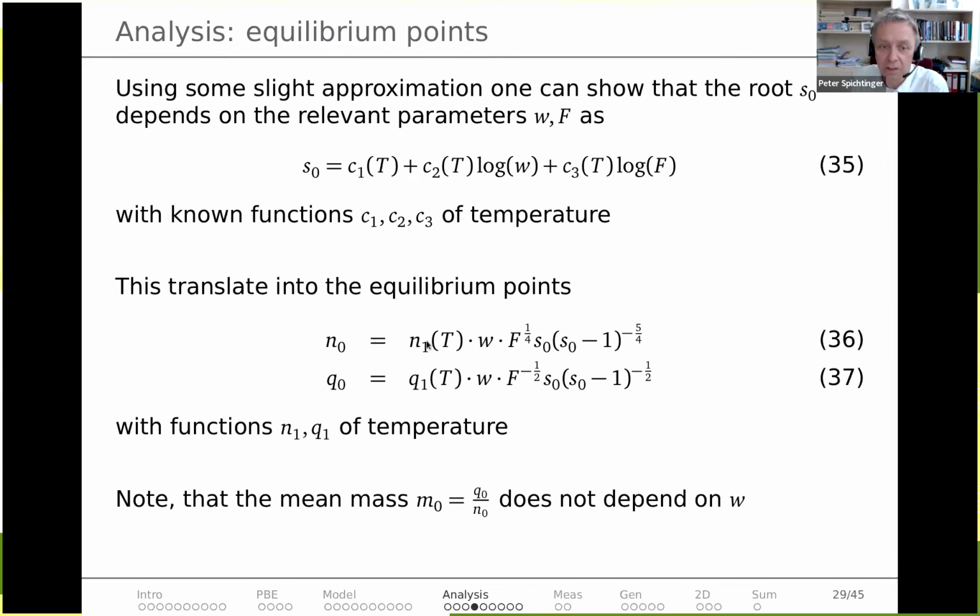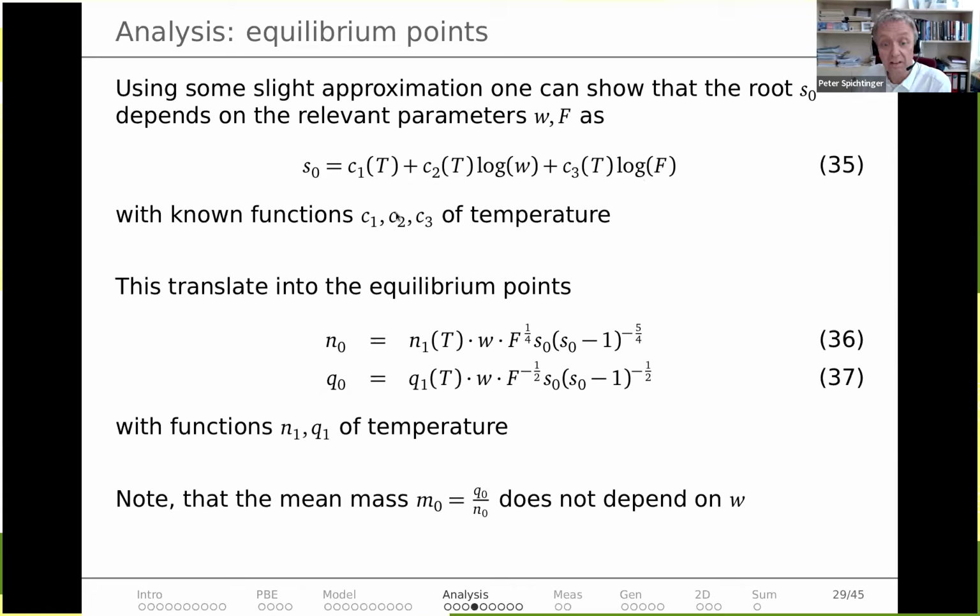I can also calculate this. So actually what we can see is that the saturation ratio depends just on some constants or some functions depending on temperature, but it also depends on the logarithm of the vertical velocity and on the sedimentation factor.